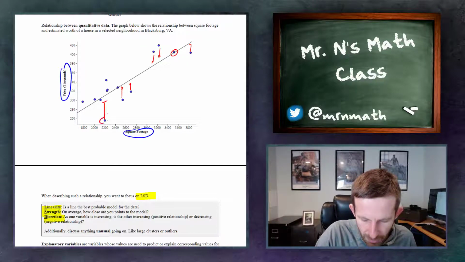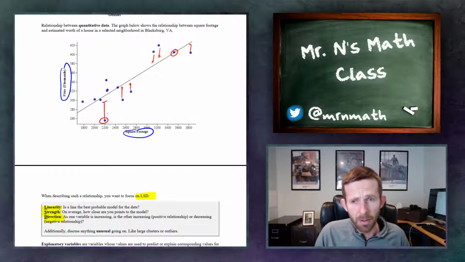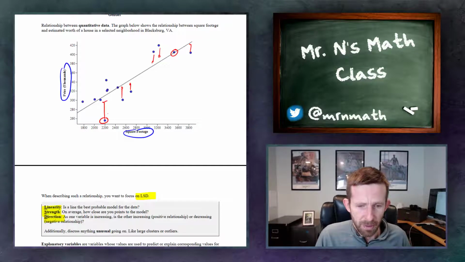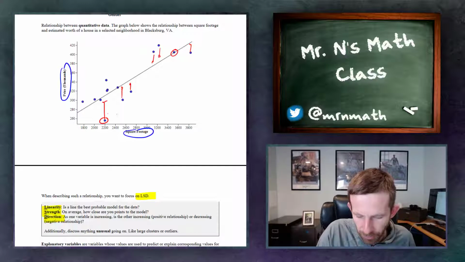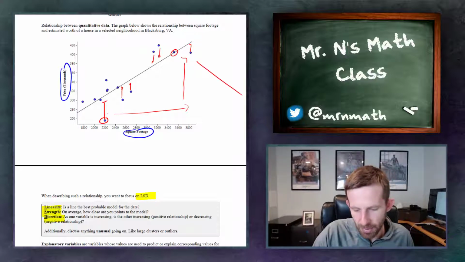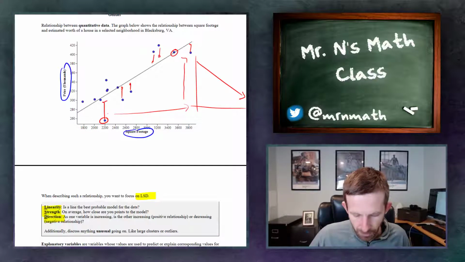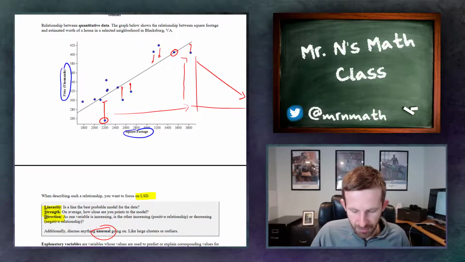Over here, it's quite far away. So on average, the closer the actual values are to the predicted values, the stronger the relationship. Direction means that as one variable increases in value, we expect the other variable to increase in value as well. So this would be a positive direction. This is what a negative direction would look like, so going down. Additionally, you want to discuss anything unusual going on, like clusters or outliers.